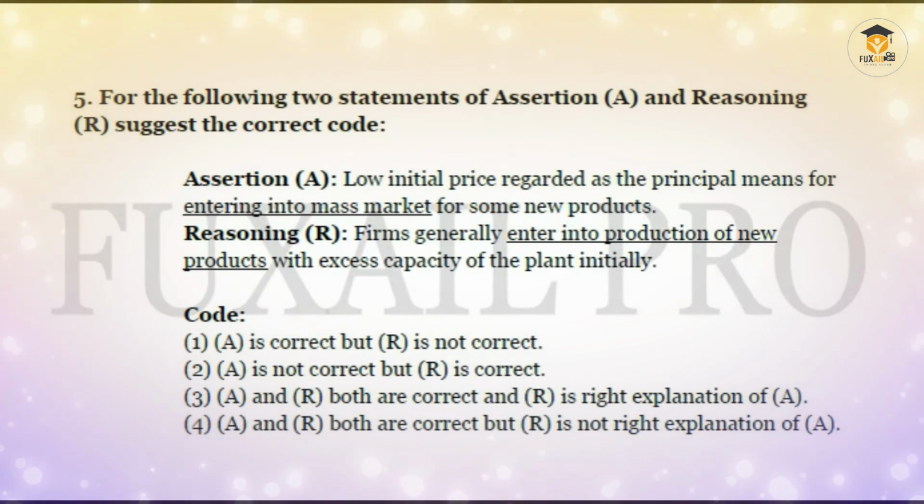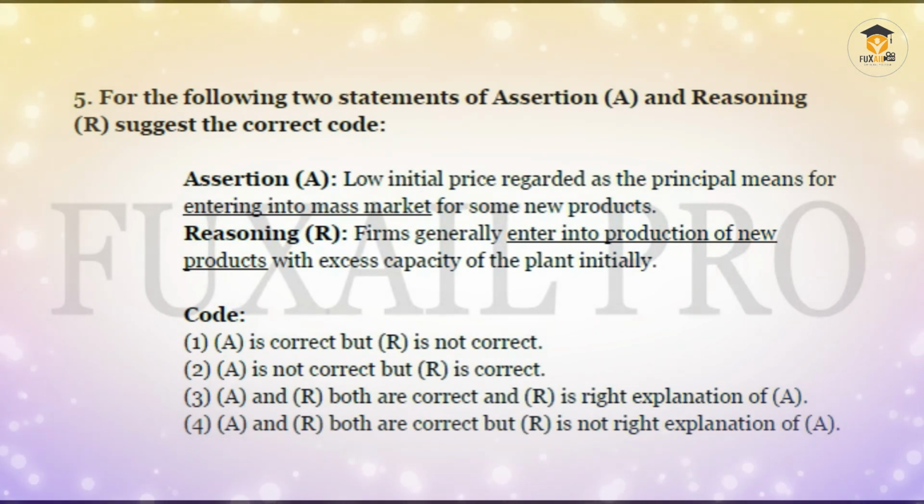A is correct but R is not correct. 2. A is not correct but R is correct. 3. A and R both are correct and R is the right explanation of A. 4. A and R both are correct but R is not the right explanation of A.